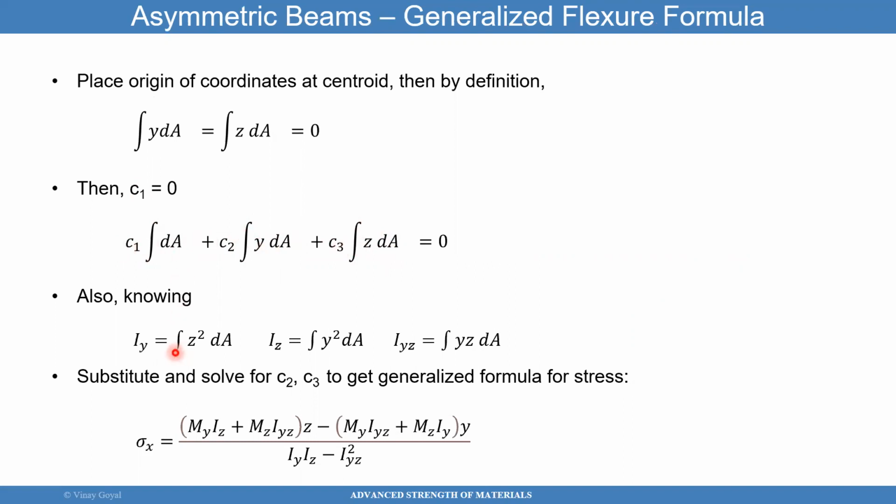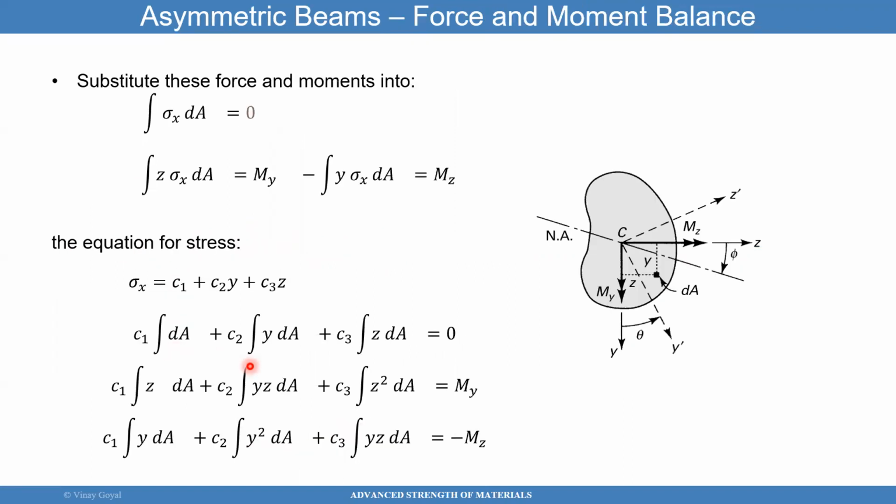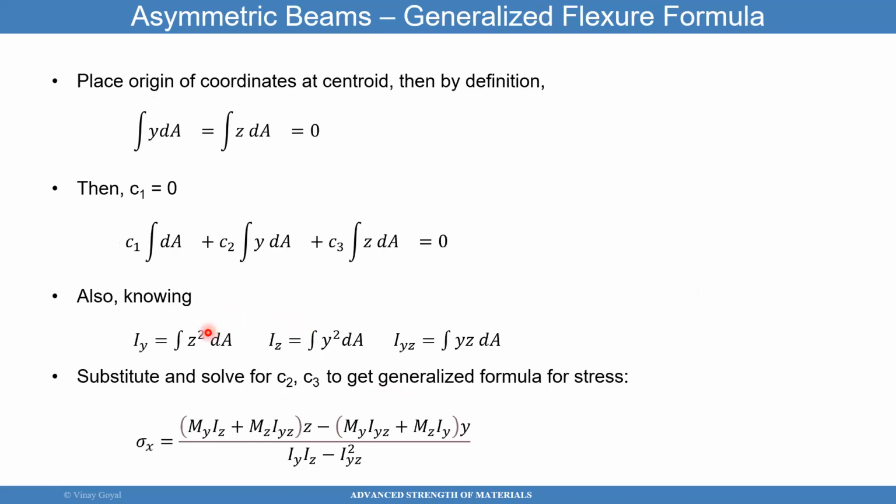You also know that I have these integrals: integral of y squared dA, integral of z squared dA, and integral of yz dA. If you look at this, this is the moment of inertia about z, while this is the moment of inertia about y, and you can see I have shown that.